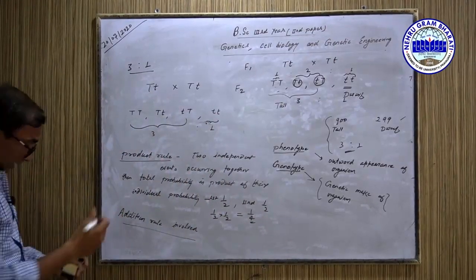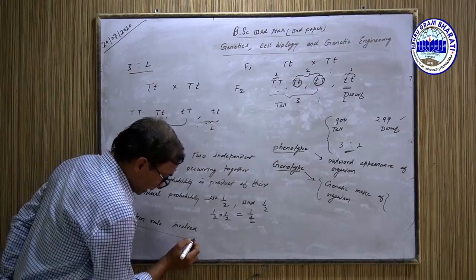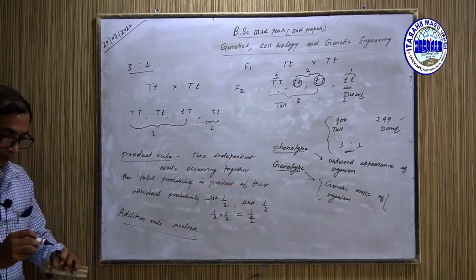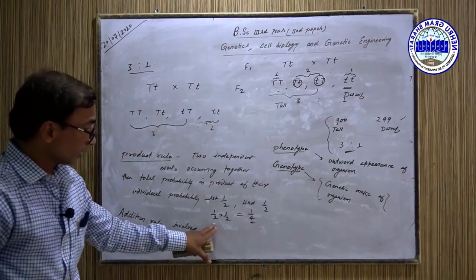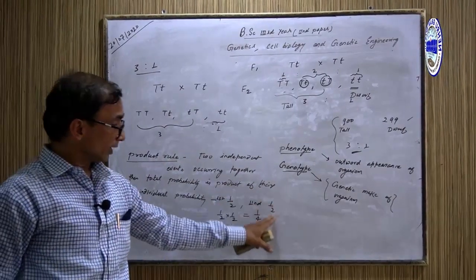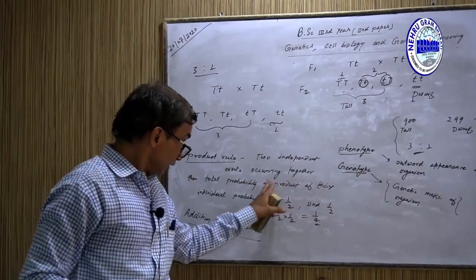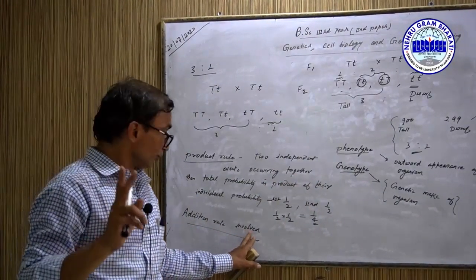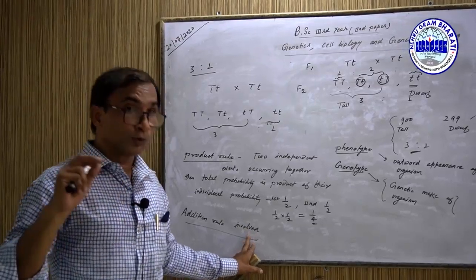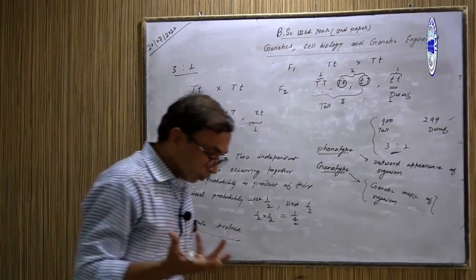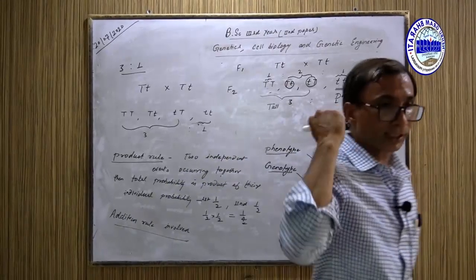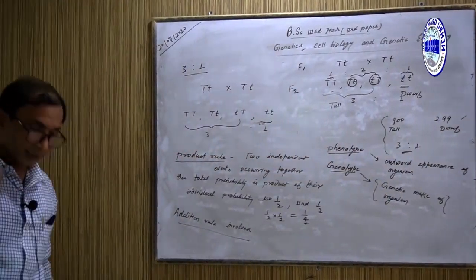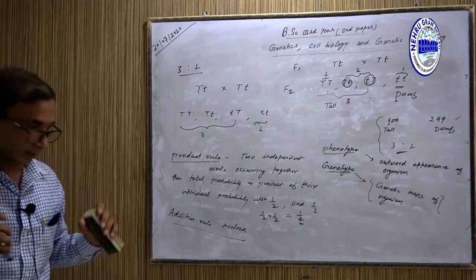And what is the addition rule? The addition rule may also apply to situations where there are two events. In the product rule, the two events occur independently. In the case of the addition rule, there are two events which are exclusive to each other. Suppose we have two dice and we throw them together. What is the probability of getting 6 in both of them?